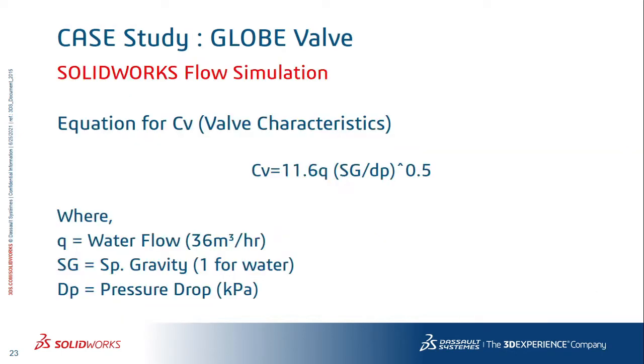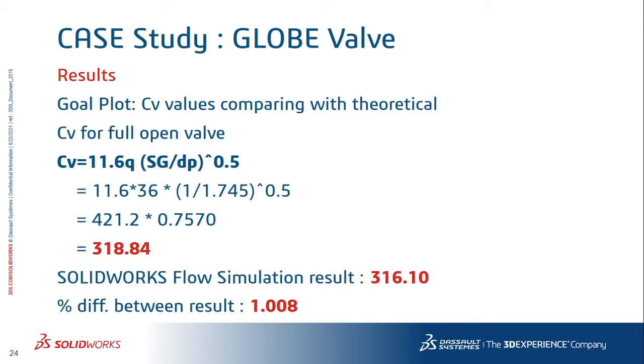Now, the equation I have given in the software for the CV is the same equation that we have used in our colleges. The equation of CV is 11.6 times the volumetric flow rate, times the specific gravity, upon the pressure drop raised to 0.5. And I did the same theoretically, that is, I calculated it mathematically by inserting all the values.